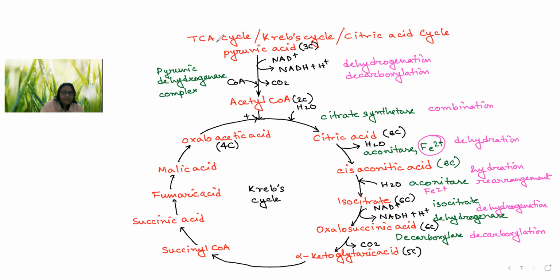So the next is addition of CoA, because you can see in case of alpha ketoglutaric to succinyl, there is this CoA. CoA means coenzyme A, as I mentioned. Here there will be formation of NADH. Okay. There will be further decarboxylation, so I will call it CO2.